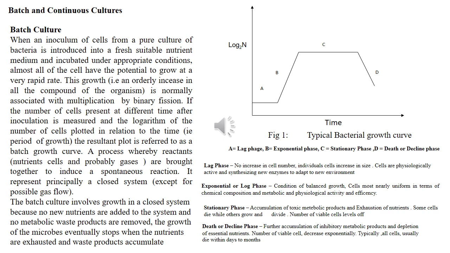As the division continues within the suitable nutrient medium, if the number of cells present at different times after inoculation is measured and the logarithm of the number of cells is plotted in relation to time, that is the period of growth, the resultant plot is referred to as a batch growth curve.